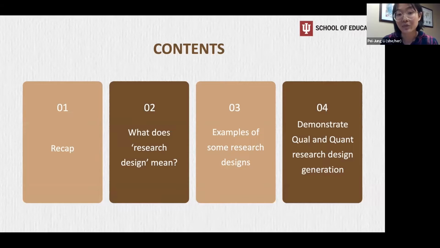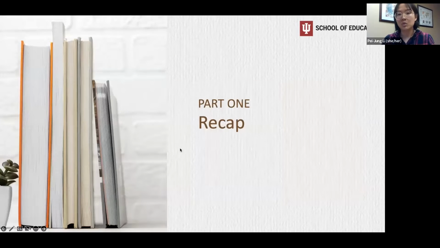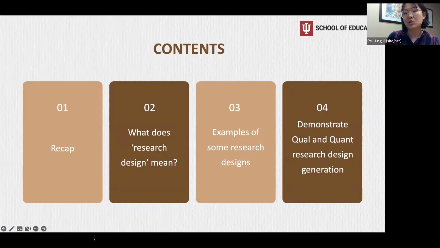So we will start with a little bit of a recap because we have been doing 2 workshops, which we hope this series of Tiny Method workshops could demonstrate, a series of the steps that you would typically encounter throughout the research project. In the first 2 workshops, we introduced how to figure out or explore your research interest.